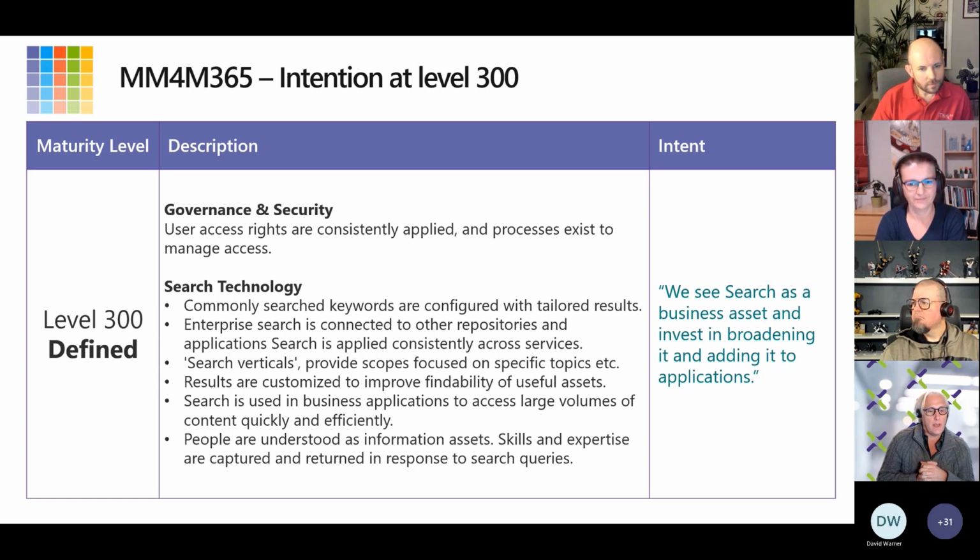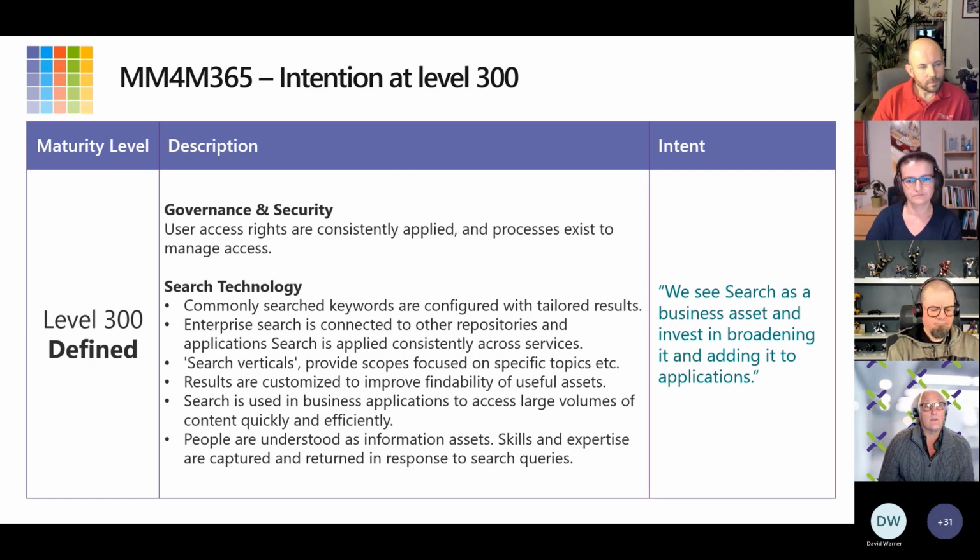I think as Simon said early on, we want to, for each competency, think about where we are in this hierarchy, and then where would we like to be? And aspiring to 300 is not a bad thing, because it means that you've put some real thought into it, and you've gotten to the point where you have some thinking about governance, you have someone paying attention to search, you have some configuration of search going on to improve search results.